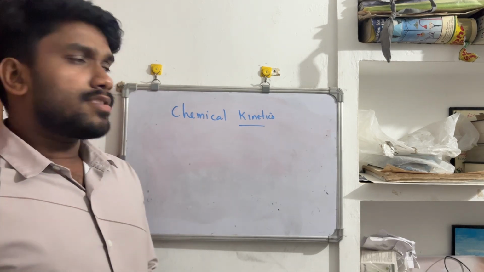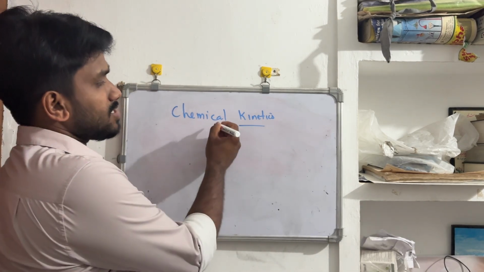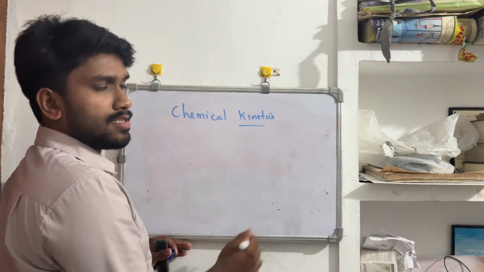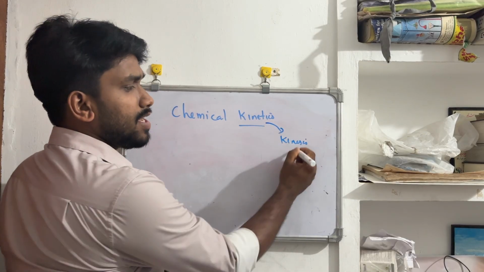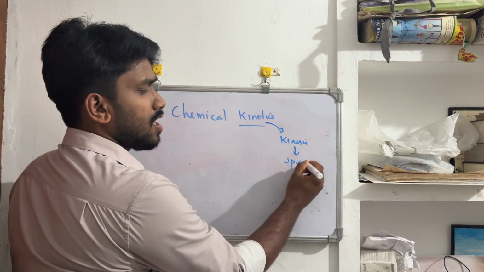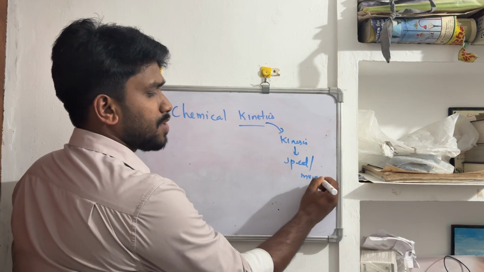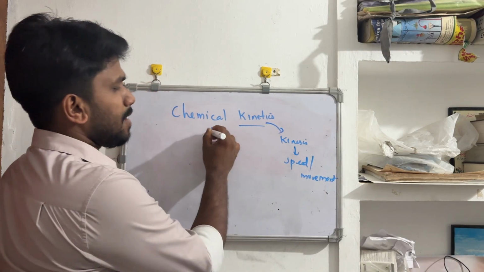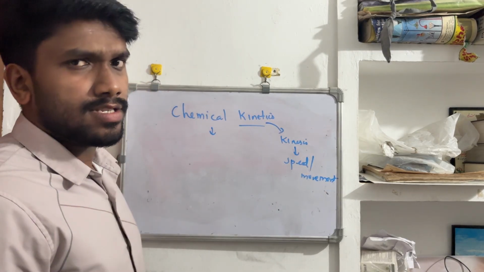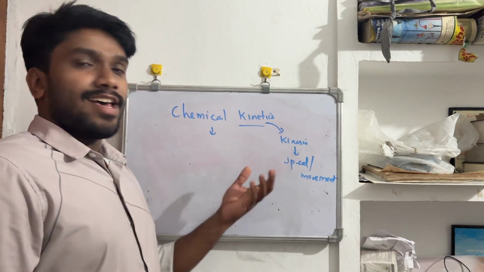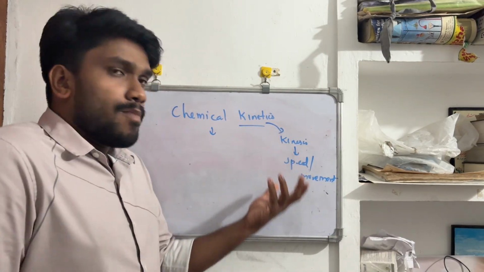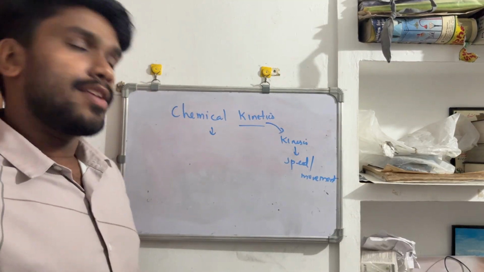This heading includes two words: one is chemical and another is kinetics. Kinetics comes from the word kinesis, which means speed or movement. Chemical means chemical reactions. So in this chapter we discuss the speed of chemical reactions.